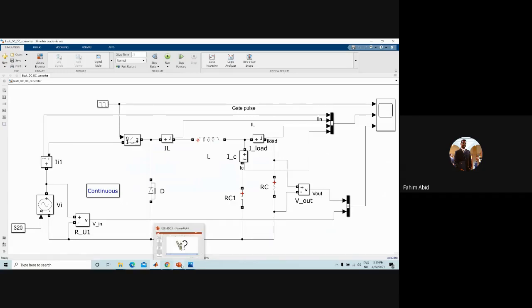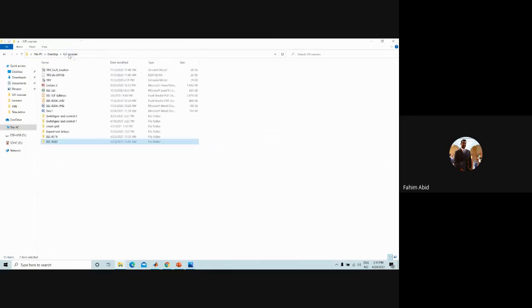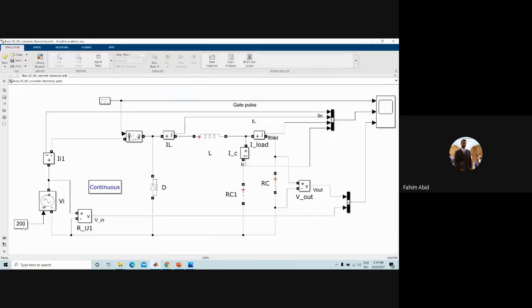Let's see what the input voltage is. Okay, so we have to go here, then simulation, and go to numerical program. So our input voltage is 200 volt.